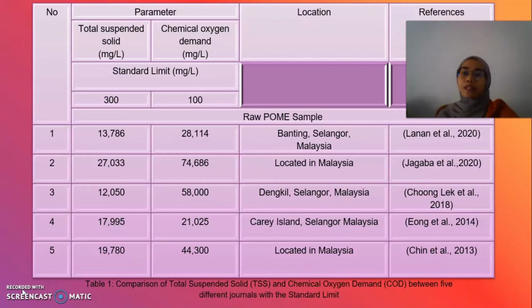Firstly, for total suspended solids, there are various concentrations from different journals and different samples. At Banting, the value of total suspended solids is 13,786, while at certain places in Malaysia by Jagaba, the value is 27,033.